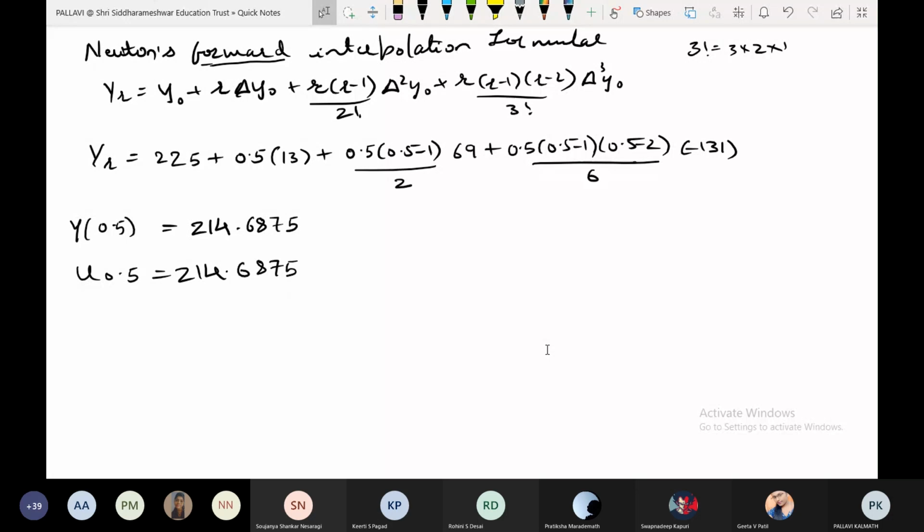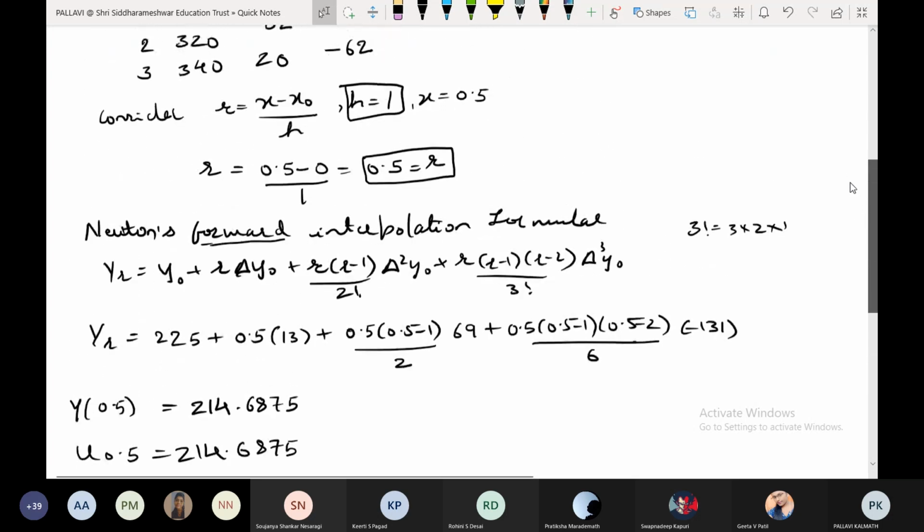Yes, ma'am. Can I ask? If they tell you to do it in U or Z, at the end do we have to write it as U 0.5, Z 0.5? No, in the formula you write the standard one, only in terms of y: del of y naught, del square of y naught, del cube of y naught, and r plus 1, r plus 2, or r minus 1, r minus 2. There will be no change in the formula. While writing the data, it is for your reference to understand.